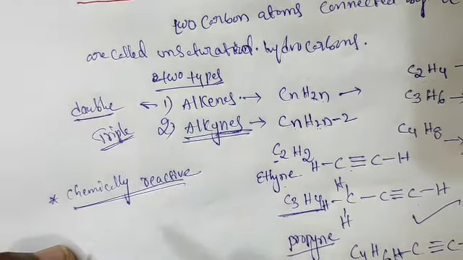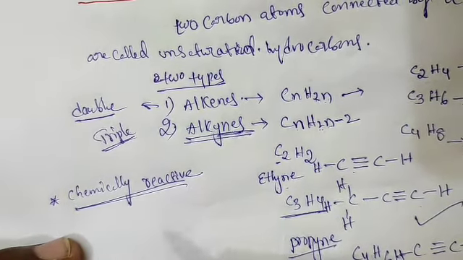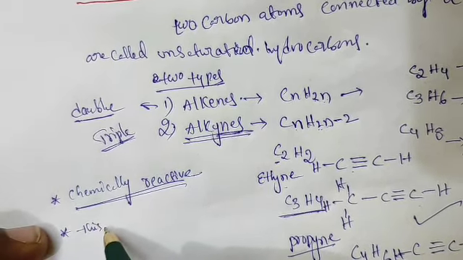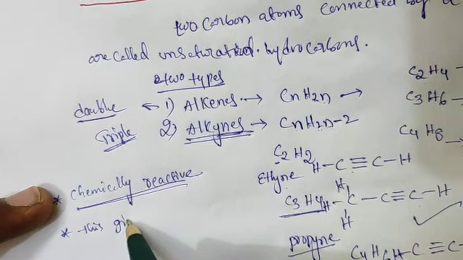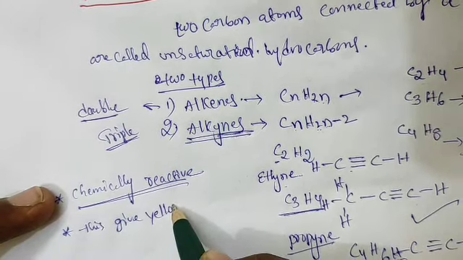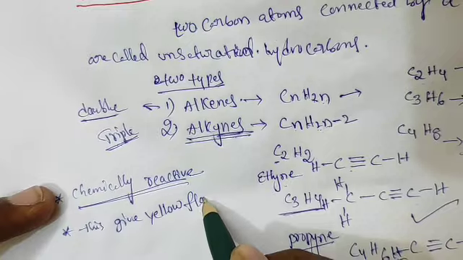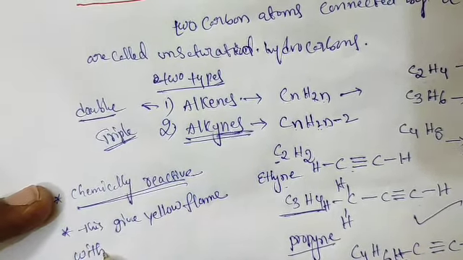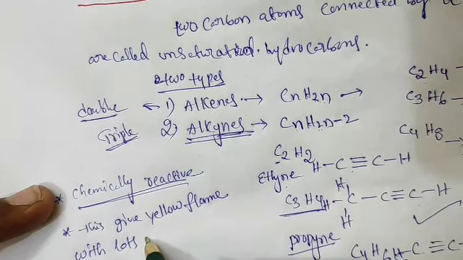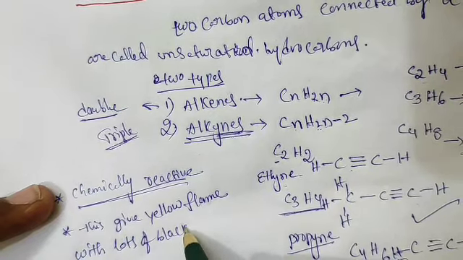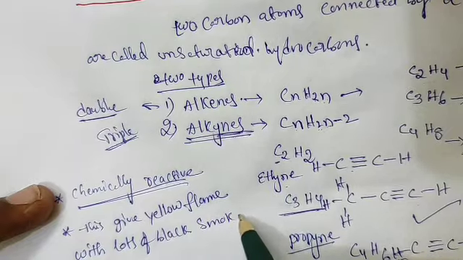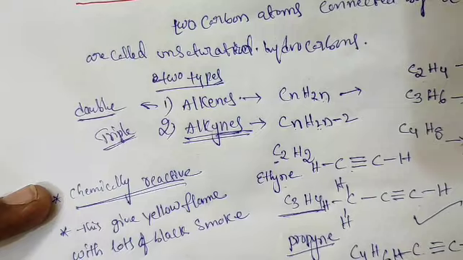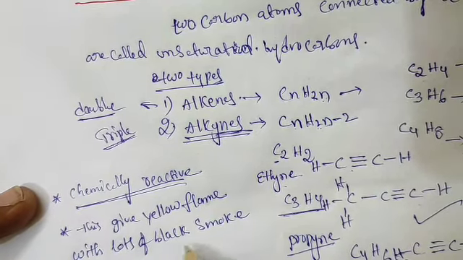These unsaturated hydrocarbons will give a yellow flame with lots of black smoke also. Why will it give black smoke?